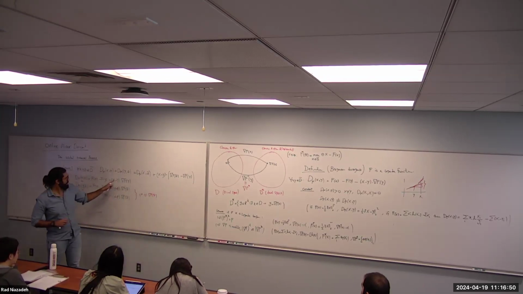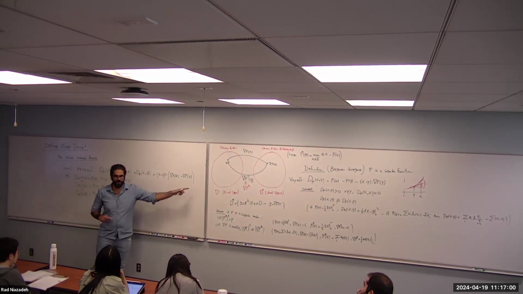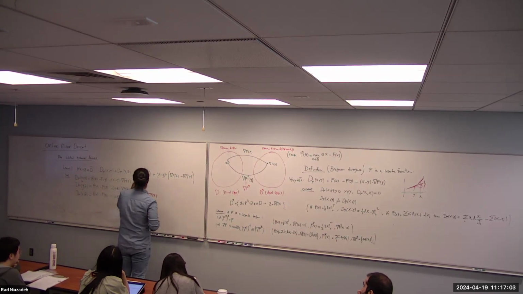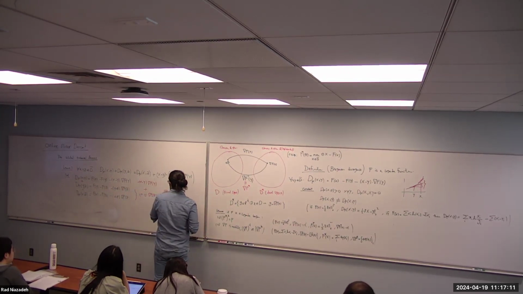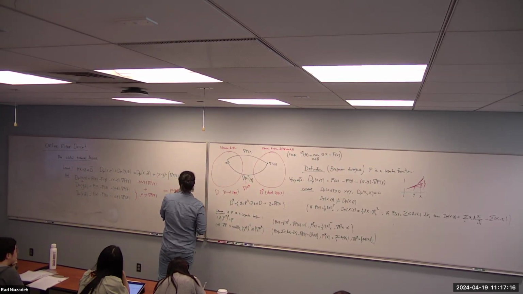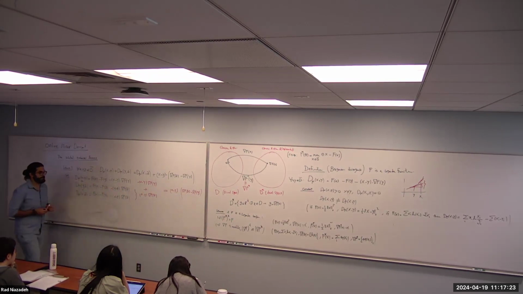And here I have minus x minus y dot gradient of f at y. So if I add them up, it's equal to x minus y dot product with gradient of f at z minus gradient of f at y. And that's essentially the proof. Quite easy.